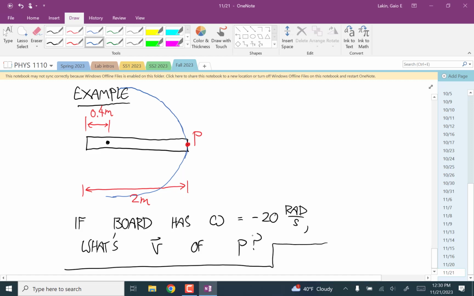The sign of the angular velocity is negative, so is it rotating clockwise or counterclockwise? Clockwise. So this point is moving that direction along that circular path. Okay. So what's the direction of the velocity? Well, it's tangent to that path in the direction of motion. So it's that way.